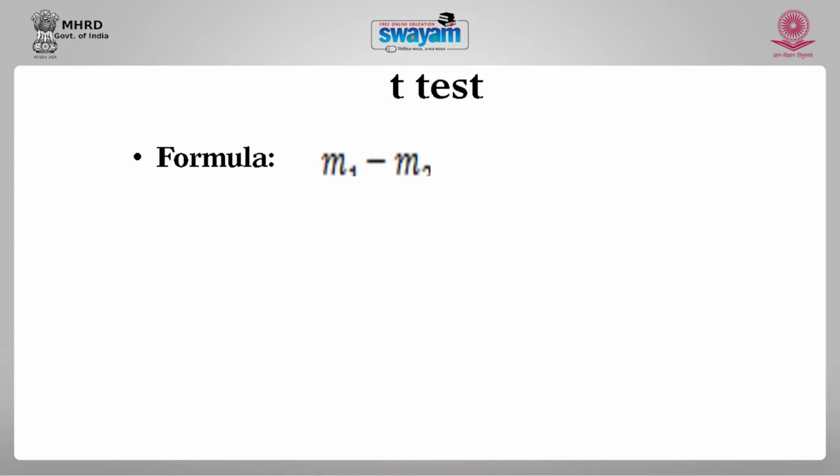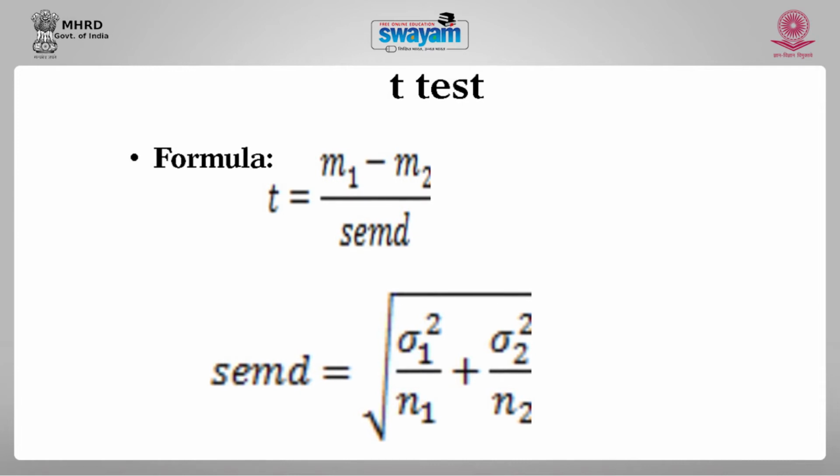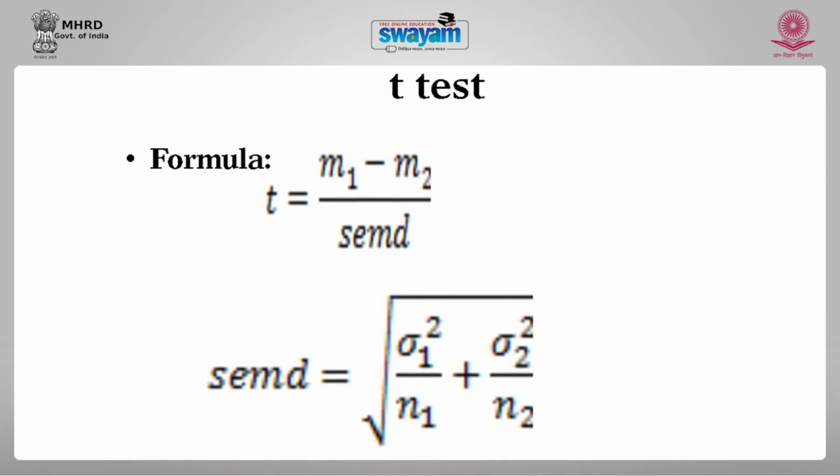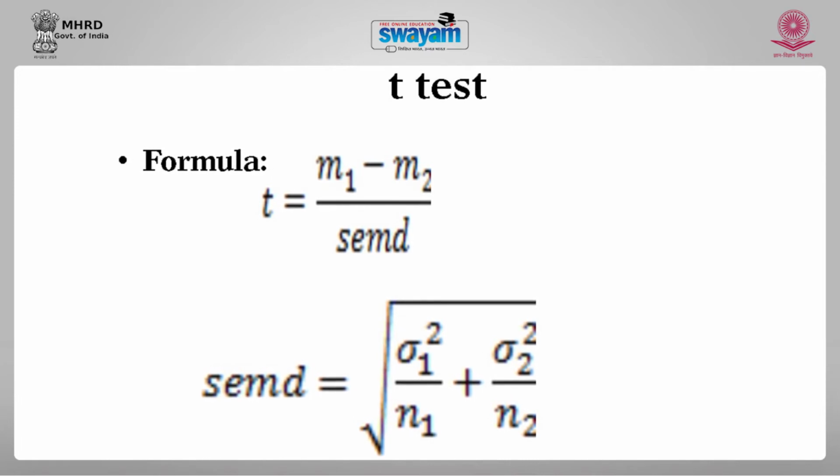And how do we compute the t-test? As we have already understood the components, the formula for the t-test is mean 1 minus mean 2, where mean 1 and mean 2 refer to the mean of group 1 and the mean of group 2, divided by the standard error of mean difference.